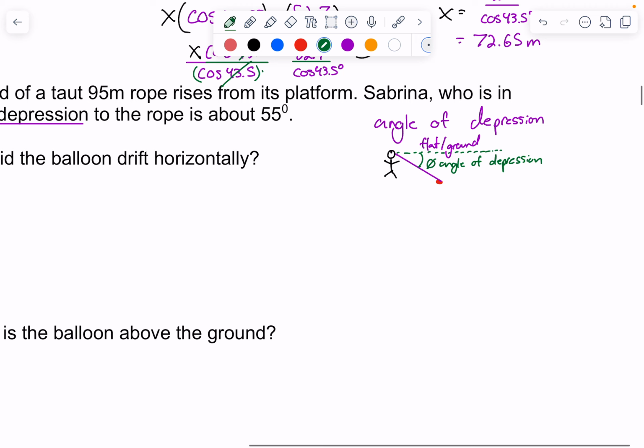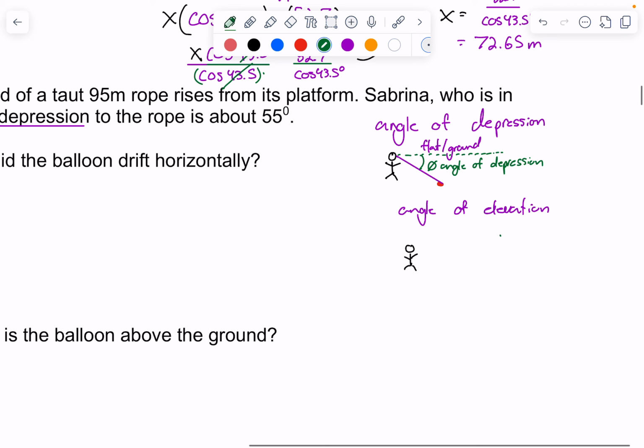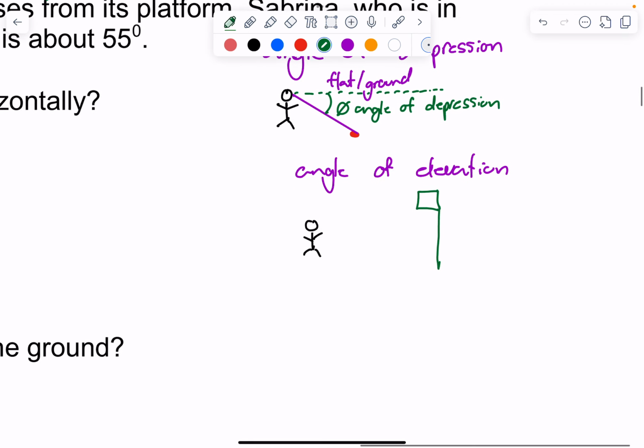The other one is the angle of elevation. Again, let's use you as an example. You're standing here, and let's say you want to look up at the top of a flagpole. You have the ground, like you're standing on the ground. That's your relative flat point.